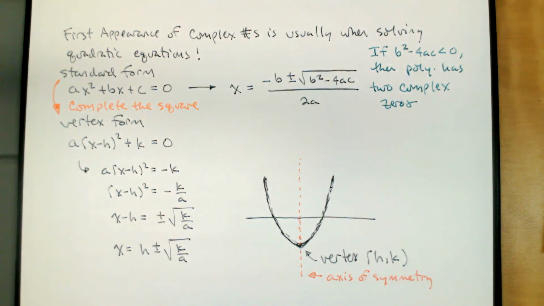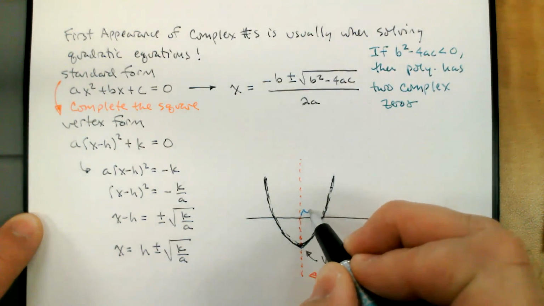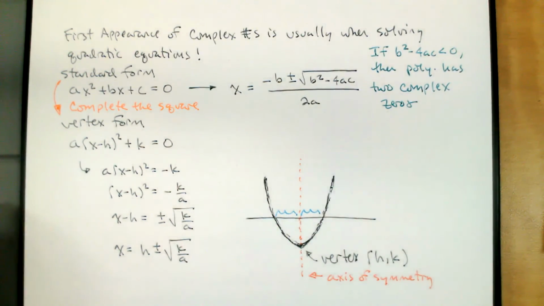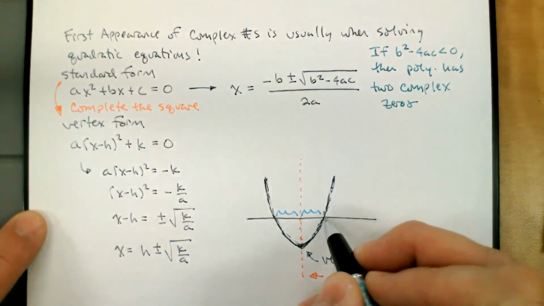Points that are the same distance from the axis of symmetry will have the same y value. So we have points at the same y value will be the same distance from the axis of symmetry.